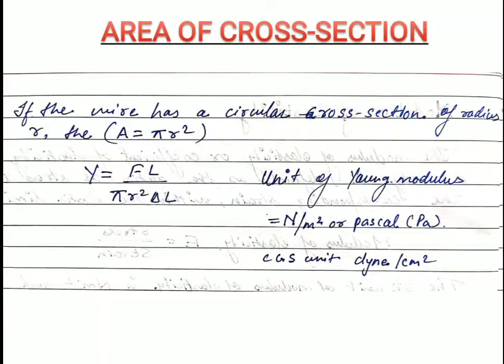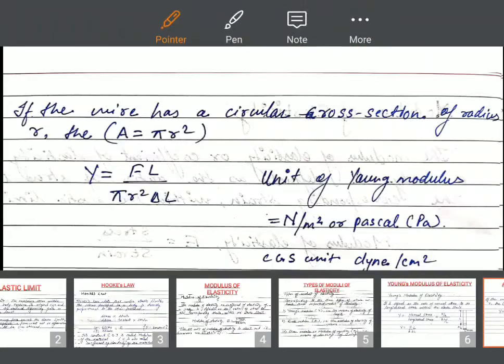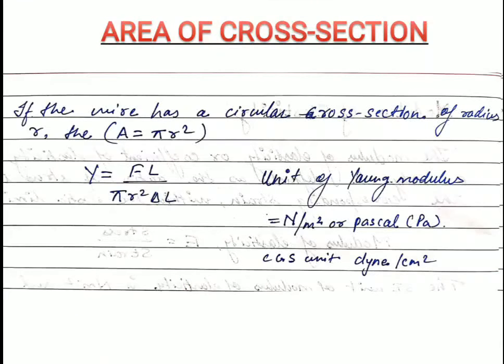Just for your better understanding, I have put here that area will be pi r square, so Y equals FL upon pi r square delta L. Okay. So units of Young's modulus will be Newton per meter square or Pascal, and in CGS unit it is dyne per centimeter square. Let us move to the next one.